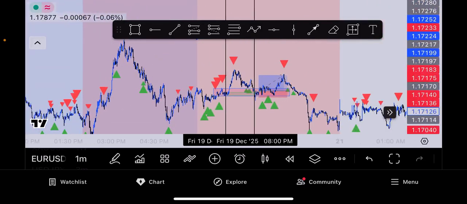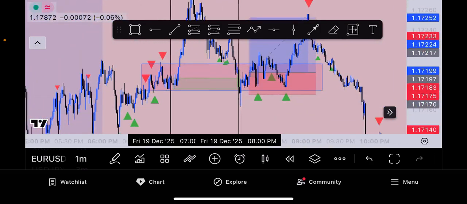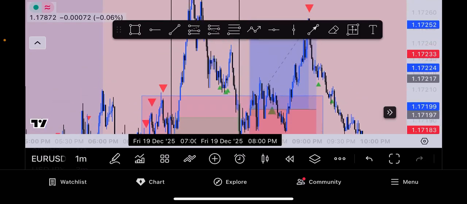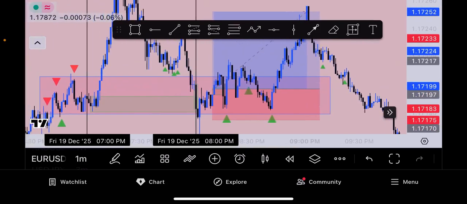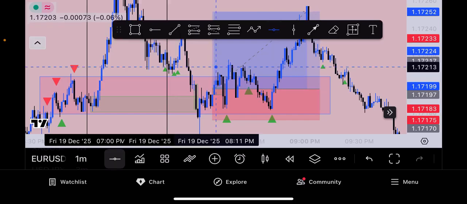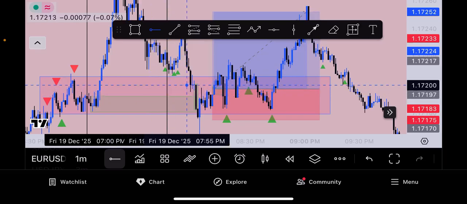So after we come to our 1 minute time frame, we wait for a candle to close above the last bullish candle. We are looking for a candle to close above the momentum candle that was responsible for the touch of our last candle right here, which is this candle right here.